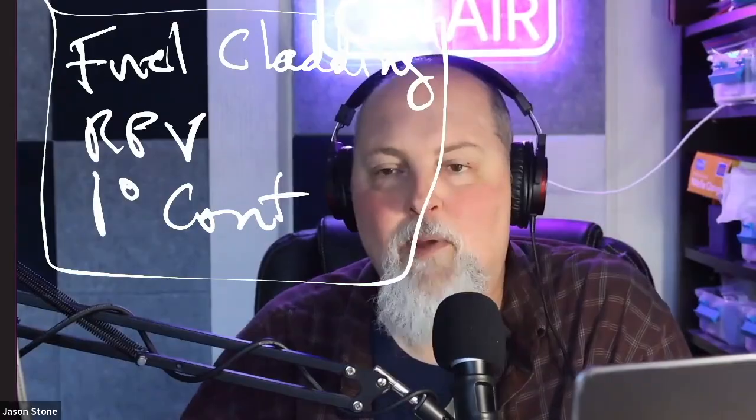So, we have fuel cladding. I mean, they're all six important, but there's three that we watch: fuel cladding, RPV, our reactor pressure vessel, and our primary containment. We watch these three to determine if there's an accident at the plant.